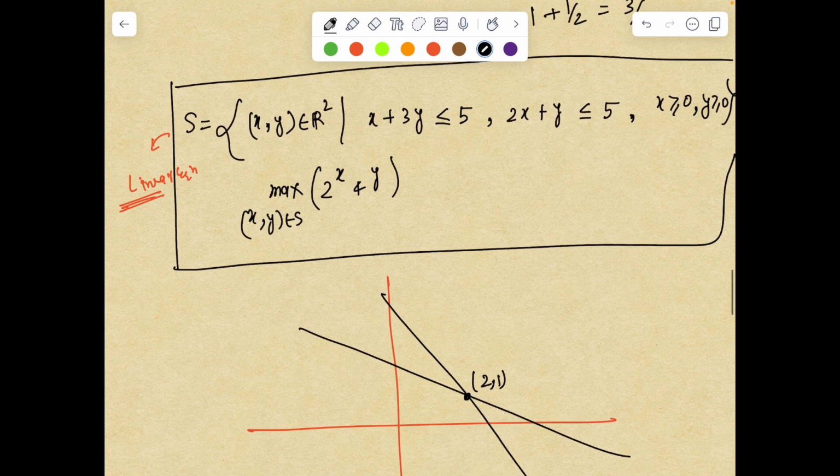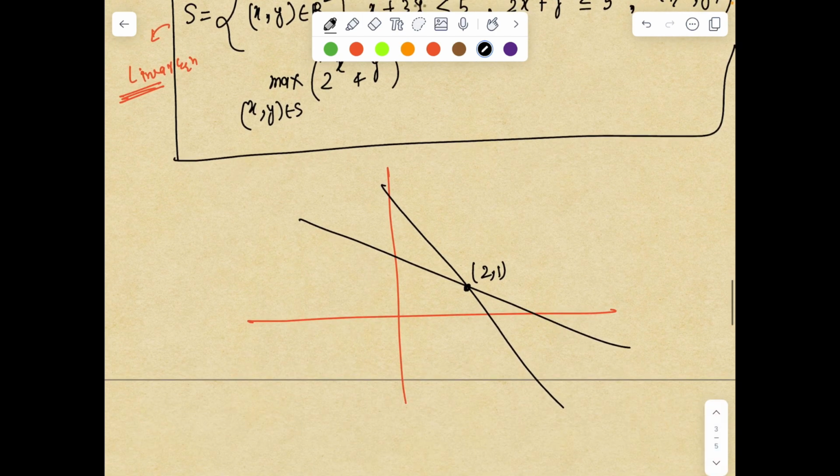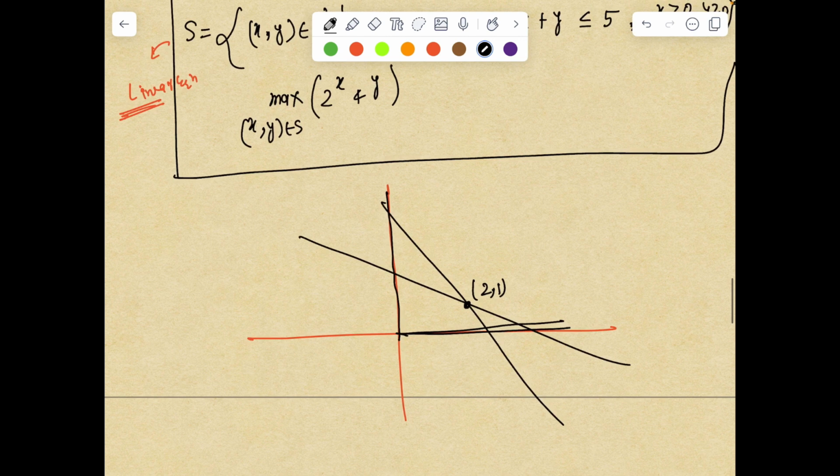X greater than 0 means we are in this quadrant, y greater than 0, both together means we are in the first quadrant. So now the inequality represents this region, right? So precisely this is the region expressed by the set S. All points in set S precisely come from this region.